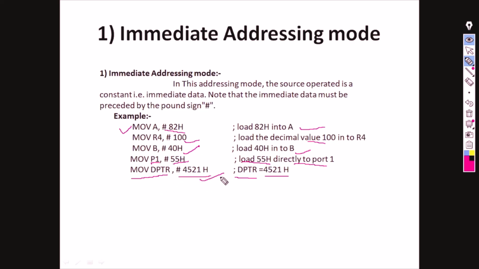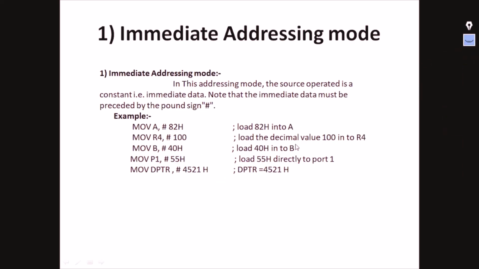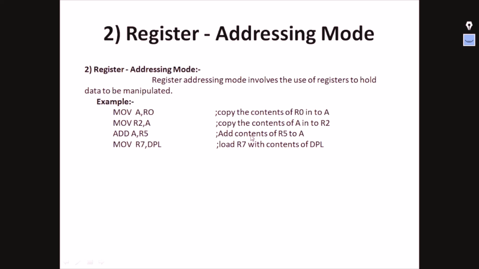Okay, the next addressing mode I am going to discuss in detail is register addressing mode. Register addressing mode involves the use of registers to hold the data to be manipulated.